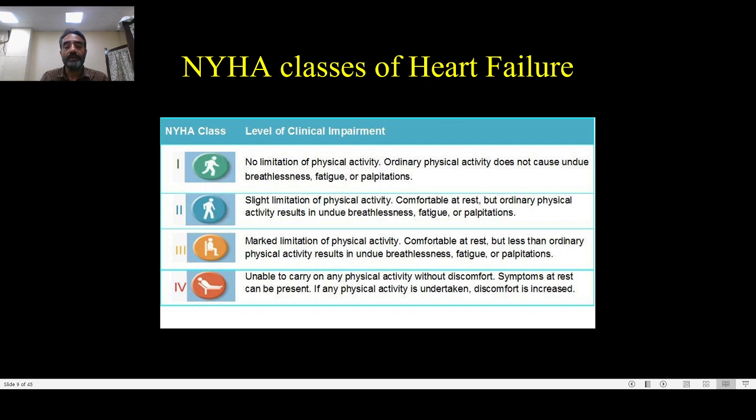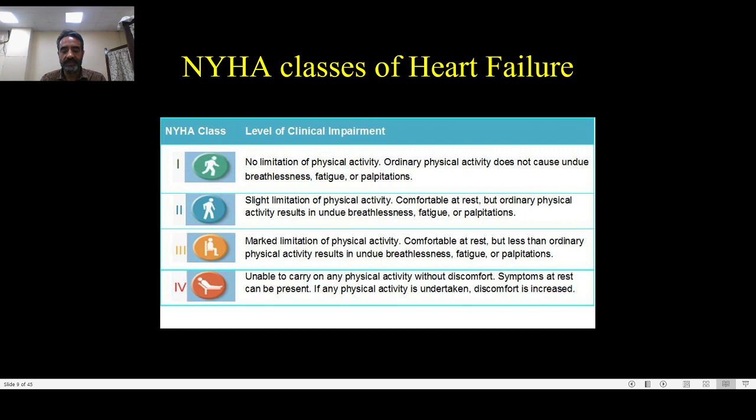Then heart failure, I told you about this insidious nature. It is a slowly progressing disease, and if the causes are not removed, it progresses to a stage where the patient is unable to carry out any physical activity without discomfort, and symptoms are there when the patient is sitting at rest.